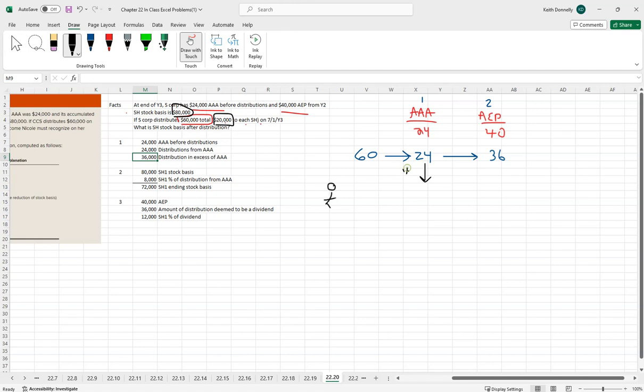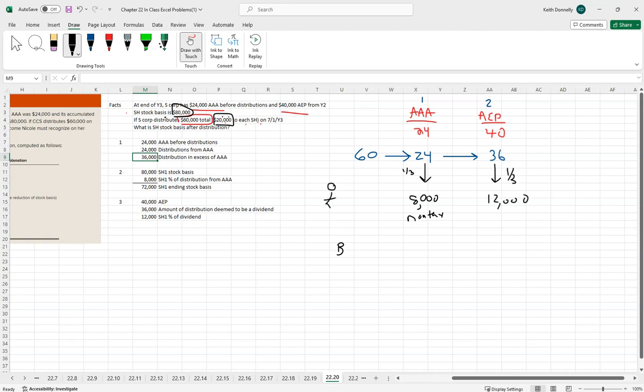So he's going to get 1/3 that comes from AAA, 8,000, and 1/3 that comes from AEP, 12,000. So 8 plus 12 makes up the 20 he got. The part from AAA is generally going to be non-taxable and reduces basis.